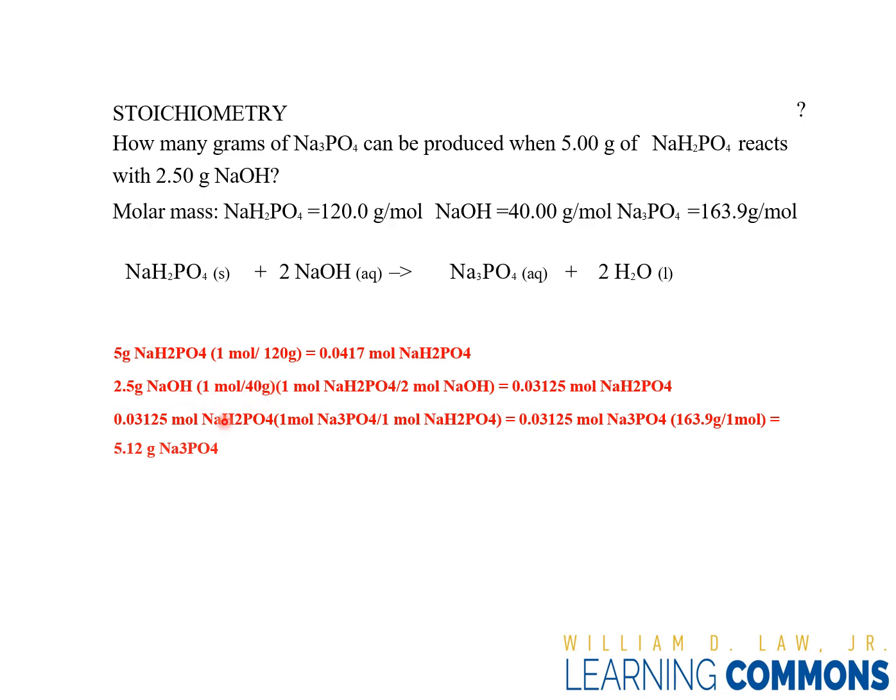I convert the sodium hydroxide to moles, and then I make the mole ratio between sodium hydroxide and sodium dihydrogen phosphate, which is 1 to 2, and after that I got 0.03125 mole of sodium dihydrogen phosphate.